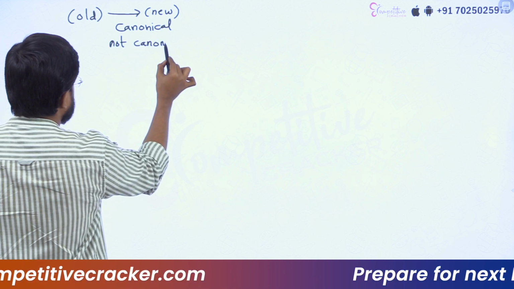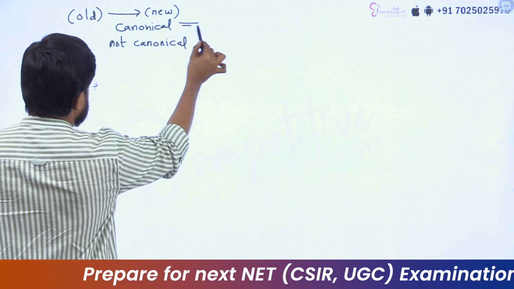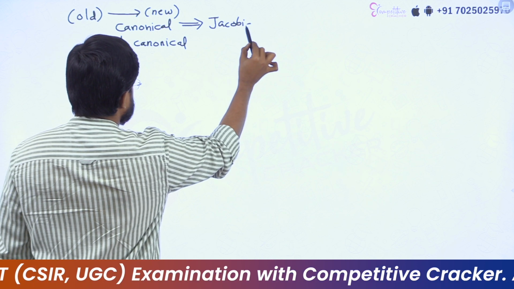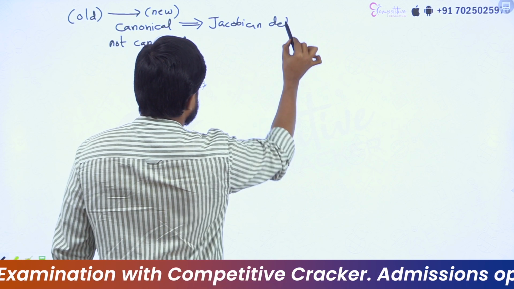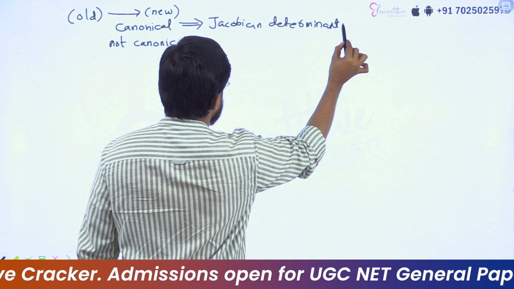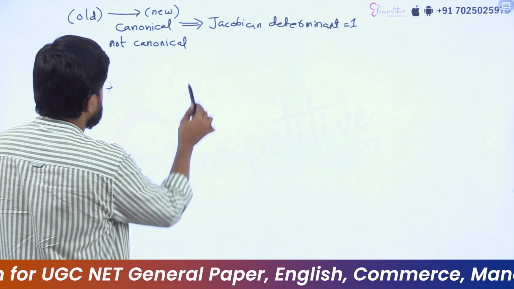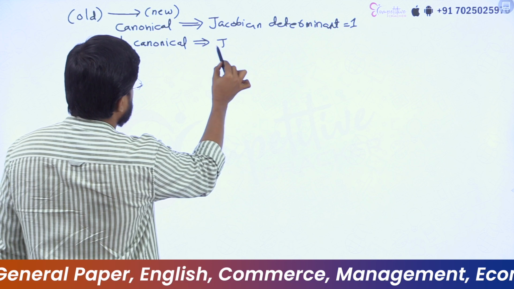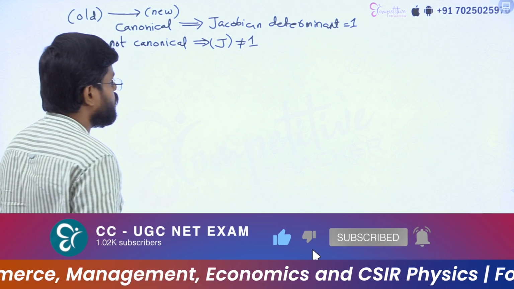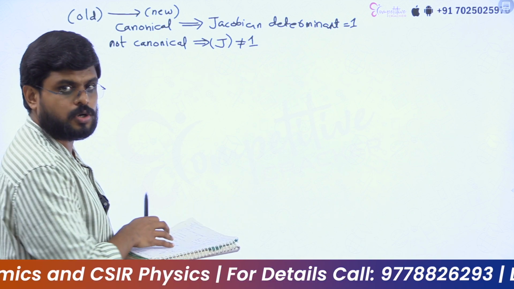We know that if the transformation is canonical, the value of the Jacobian determinant will be equal to 1. If it is not canonical, the value of the Jacobian determinant J will not be equal to 1.